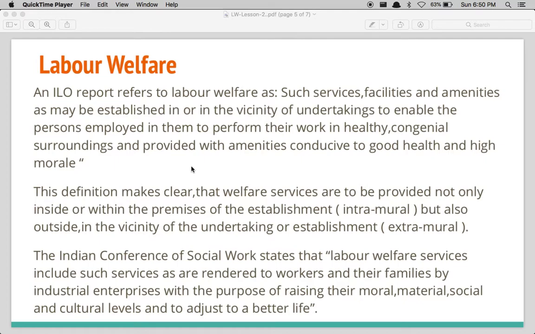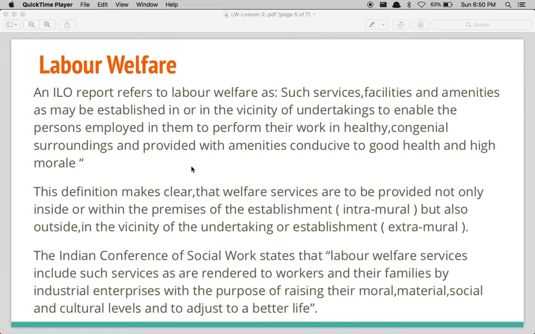I will just give you a few examples of what is intramural, that is, within the premises of the establishment. So, provision of creche, medical facilities, canteens, supply of drinking water, washing and bathing facilities inside the establishment, provision of safety measures, first aid appliances, provident fund, pension, maternity benefits.